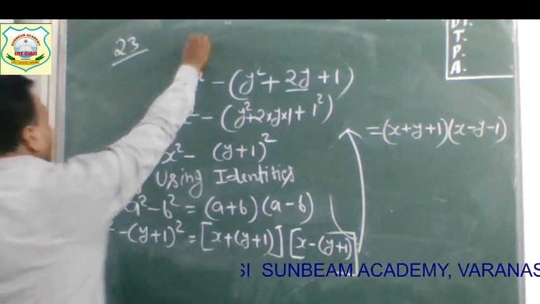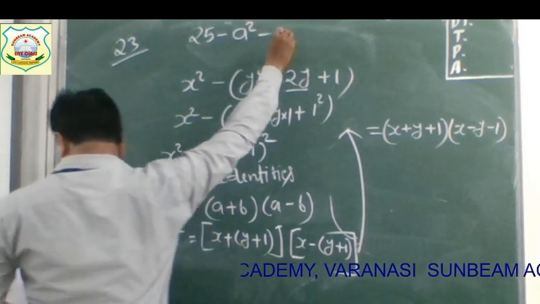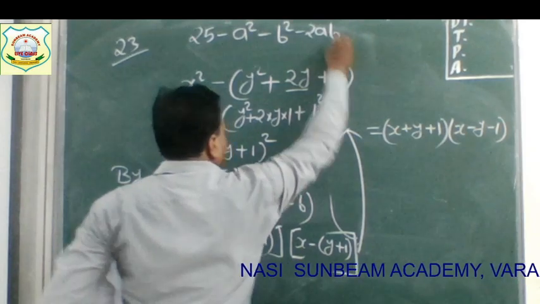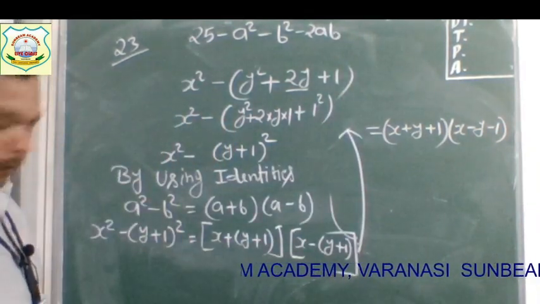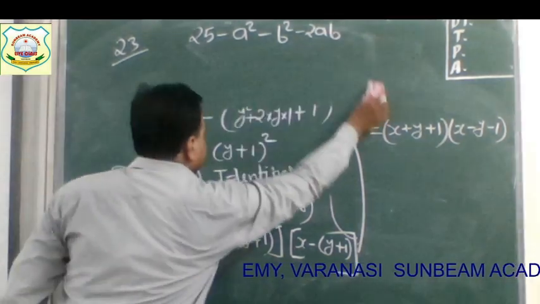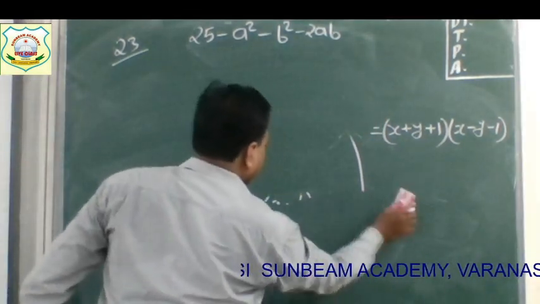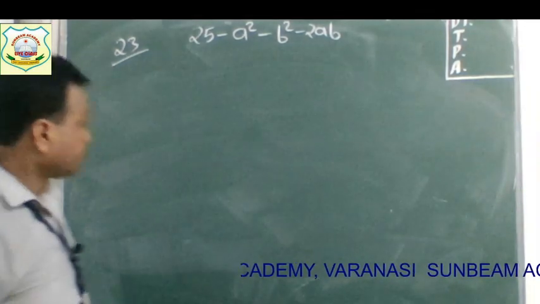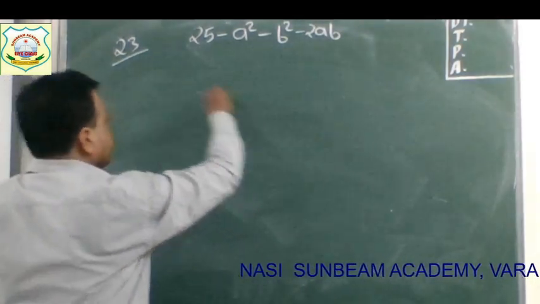This is 25 minus a square minus b square minus 2ab. Now everyone got it? First of all, complete. Hope everyone is done. 25 minus a square minus b square minus 2ab.